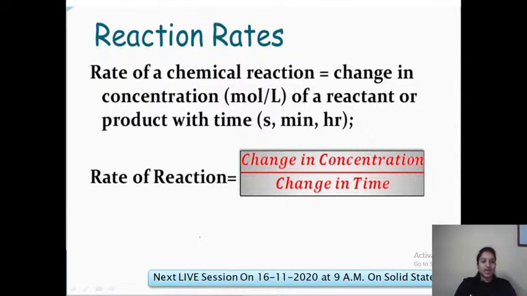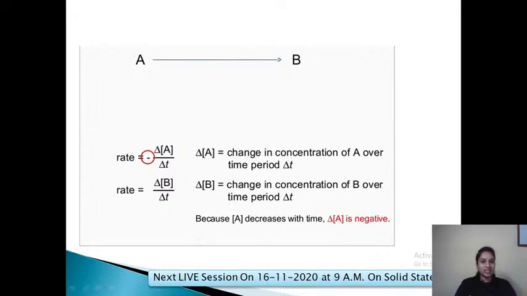Okay, so how can we express this? Now let us take a reactant A forming a product B. Now this rate is what? Rate is change in the concentration upon change in time, right? Now let us see for the reactant.